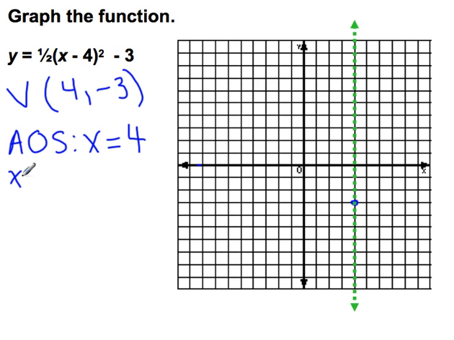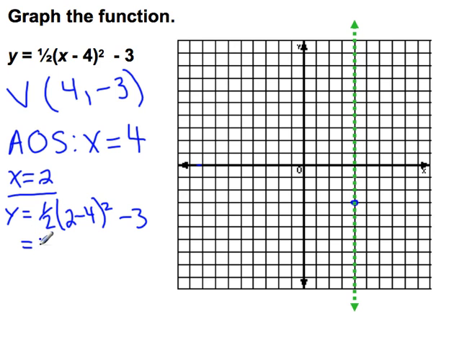So if x equals 2, if I go back to the equation, y equals 1/2 times (2 minus 4) squared minus 3.